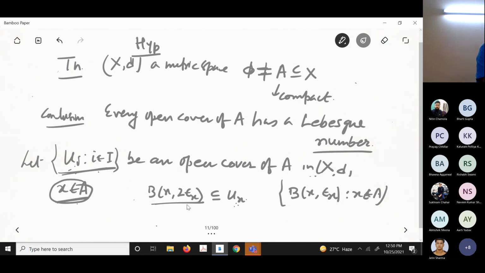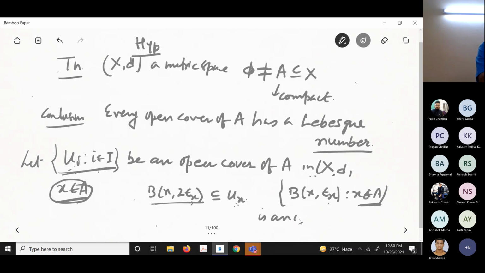But since Ux is open, I will get an open ball. The radius will depend also on x, so I am calling it 2 epsilon x. So now look, this is the reason: if you take epsilon x, then I will have to take epsilon x by 2. Now this one I am doing for each x, and each is an open set, an open ball.